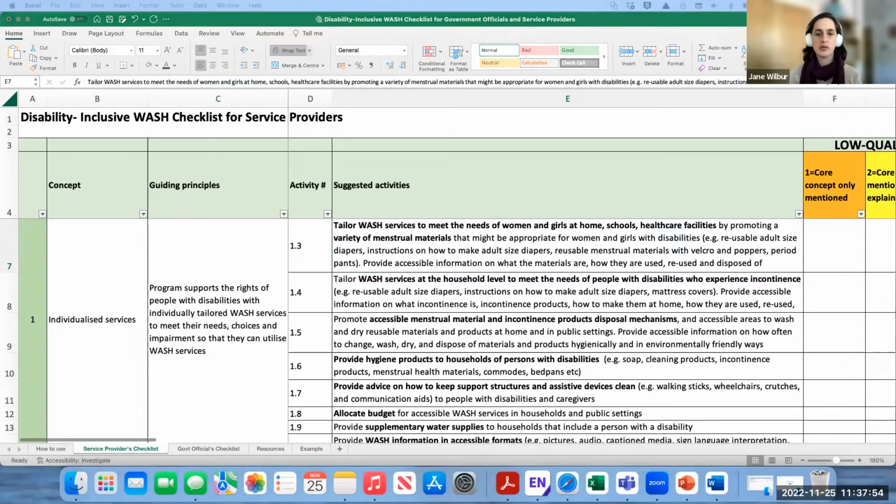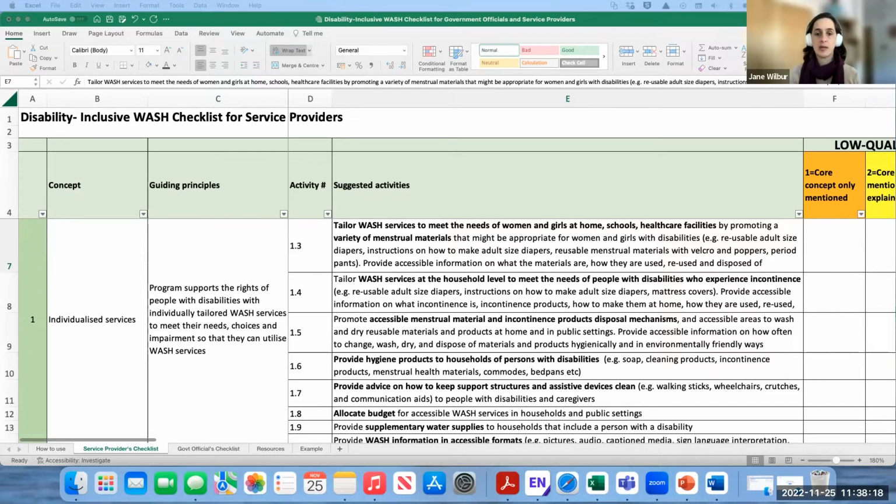So for example, under individualized services, suggested activity number 1.6 is provide hygiene products to households of persons with disabilities. So that might include the provision of soap, cleaning products, incontinence products, menstrual health materials, commodes, bedpans, etc.